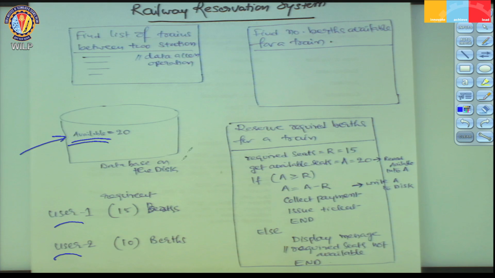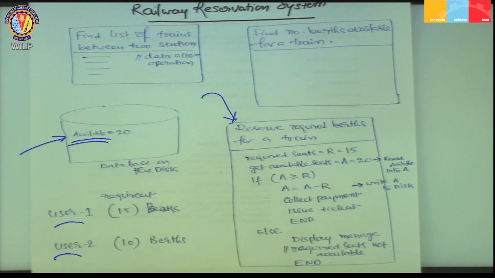The first user starts this functionality, and in a multi-user environment, multiple users can invoke the same functionality of a given application at the same time. User 1 starts the functionality of reserving the tickets, and he doesn't know that another user also wants to reserve some tickets. He requires 15 tickets for a given train, and immediately this piece of code is executed for user 1.